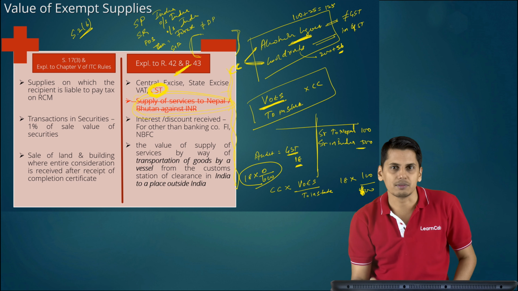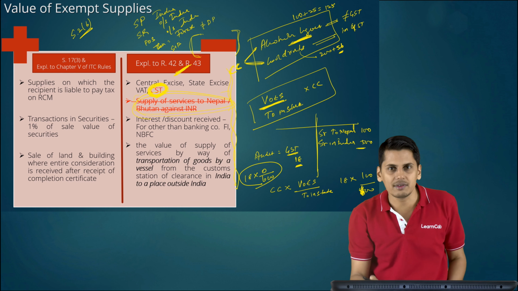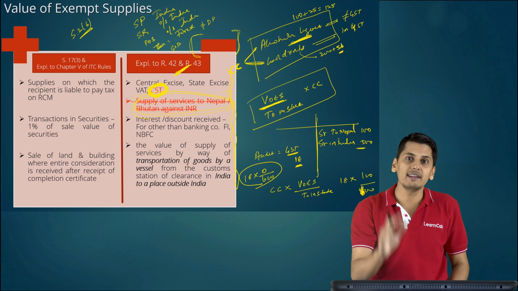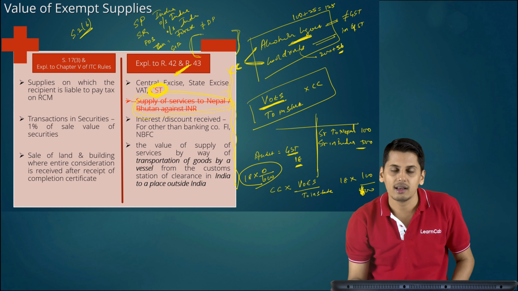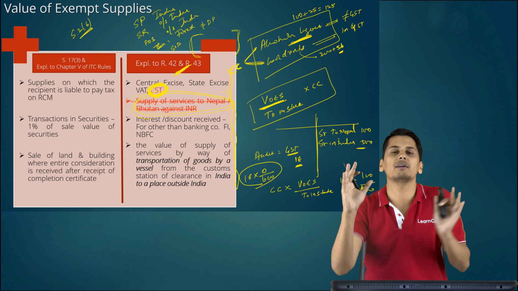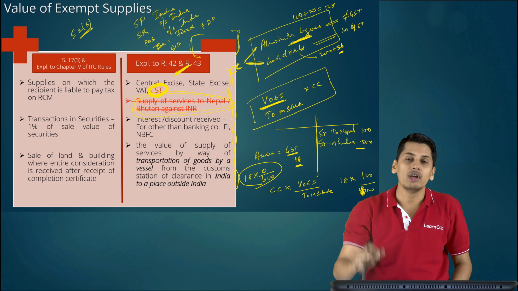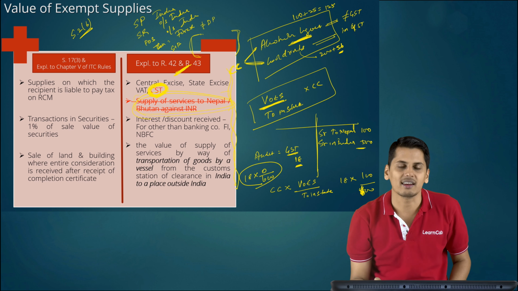What is the amendment which is being done? The amendment is, as regards export of services, linked to the amendment in IGST law. As regards export of services, even if you are receiving consideration in INR, wherever permitted by Reserve Bank of India, it will still amount to an export of service.